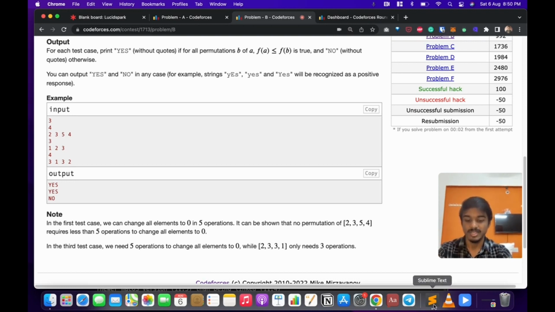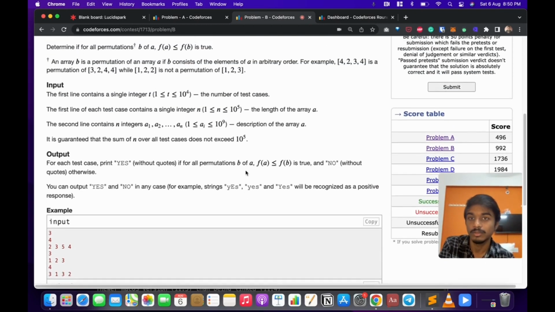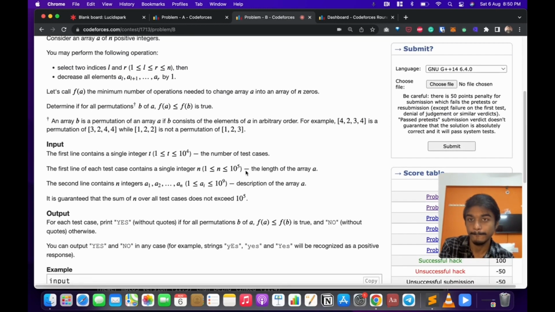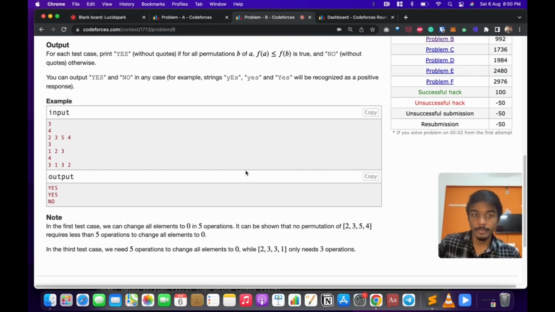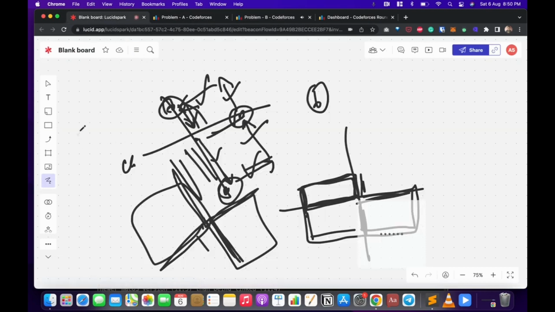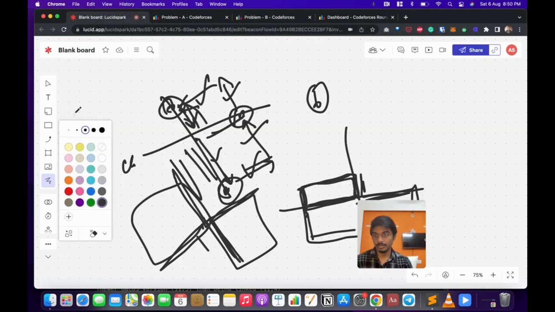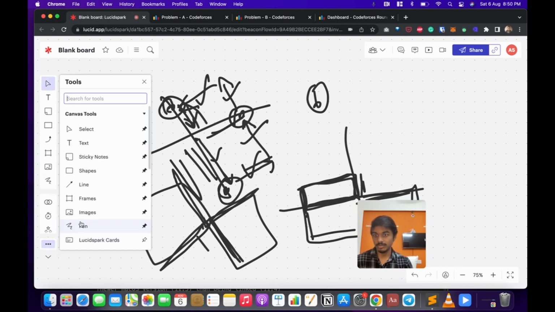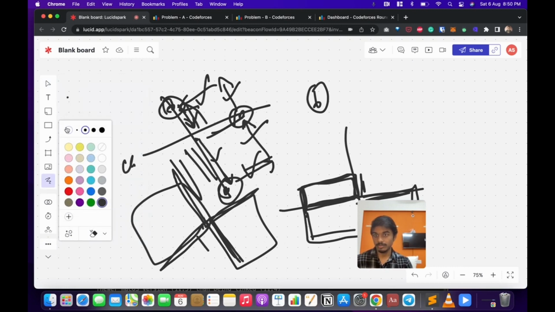I think it's the same number, but what if the number is 1, 2, 3, 4, 5? How many operations do we need? 2, 3, 4, 5.